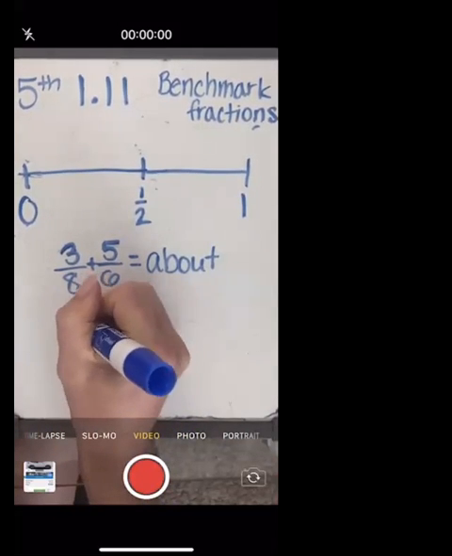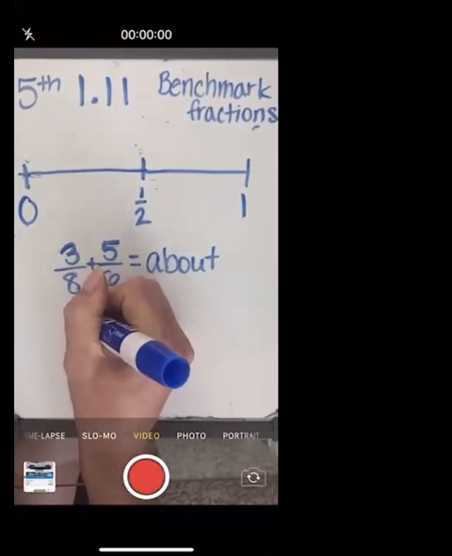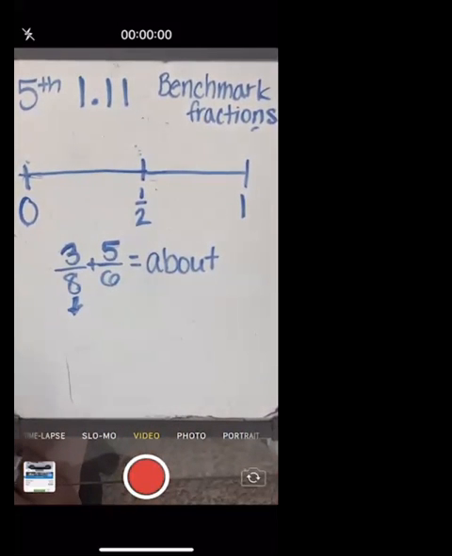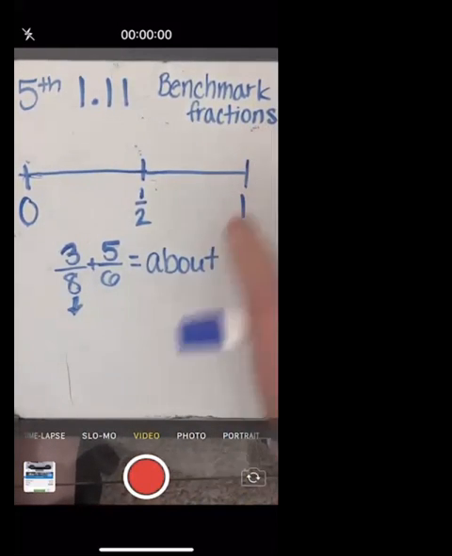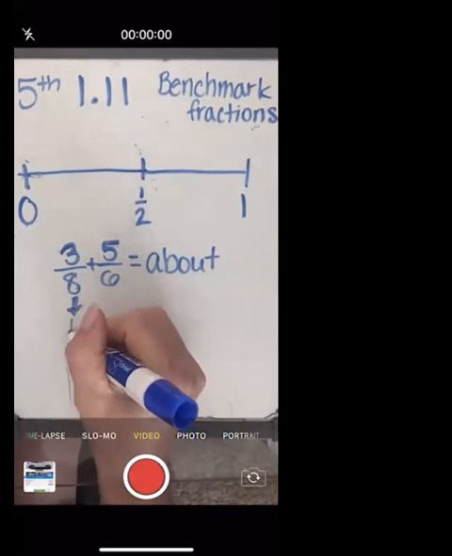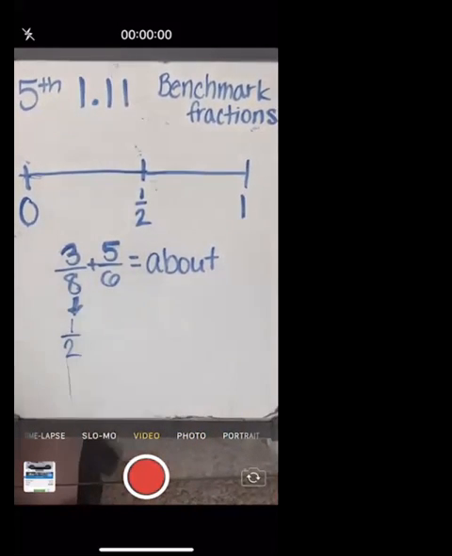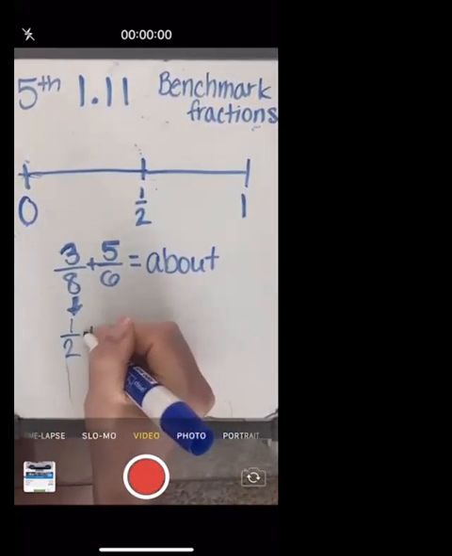What benchmark fraction is 3/8 close to? It's close to 1/2. Thank you, Asher. It's not exactly 1/2, but it's close. And 5/6 is close to 1.